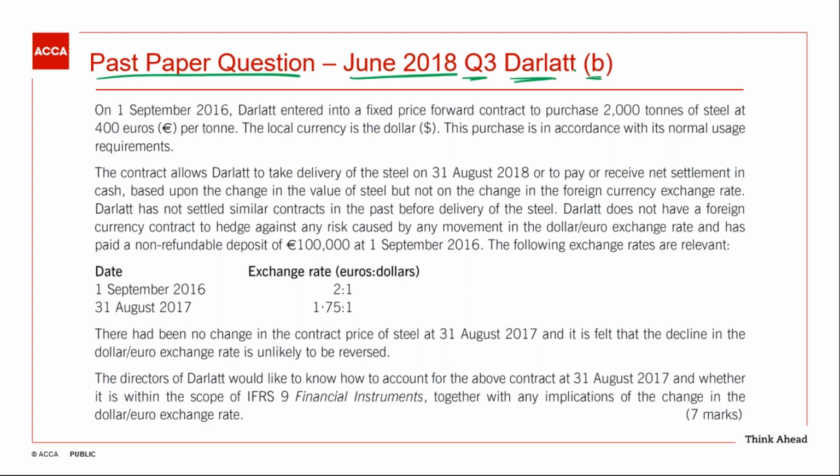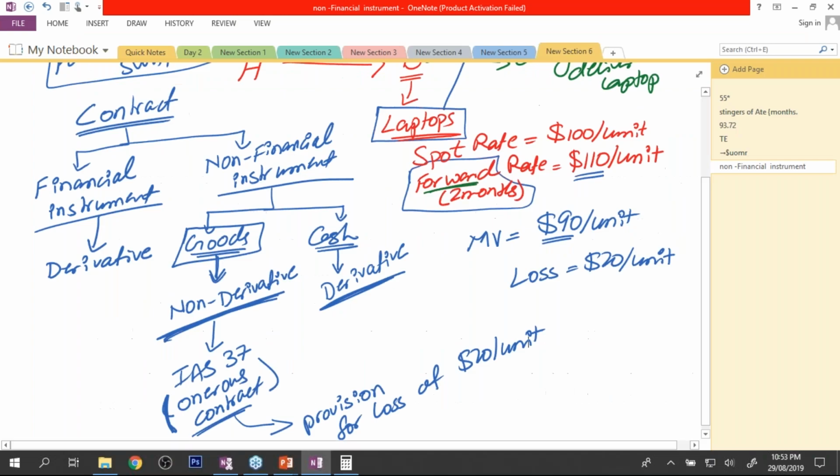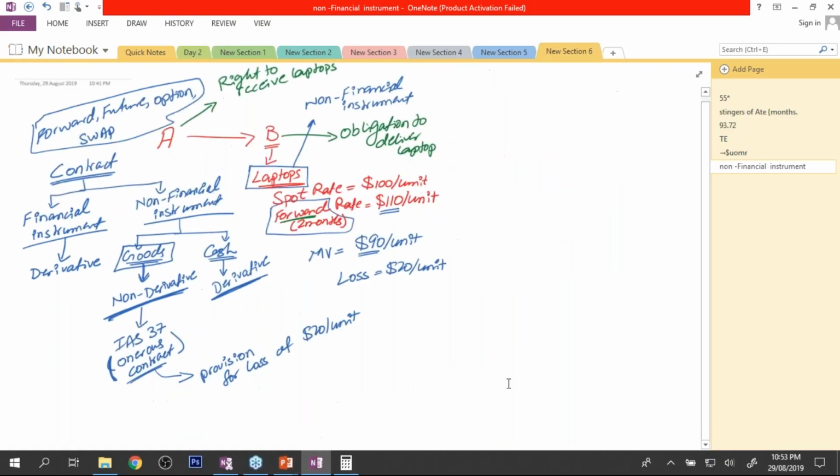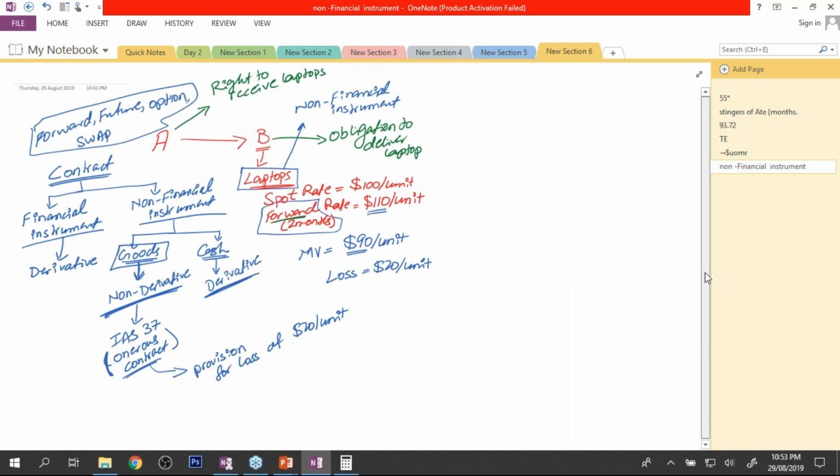So let's solve one of the past paper questions. Manur, I will go back to the slide in a while because we have only 7 minutes left. Okay, take the snapshot quickly. All of the students who haven't taken the snapshot, take it quickly so that we can solve the question after this.